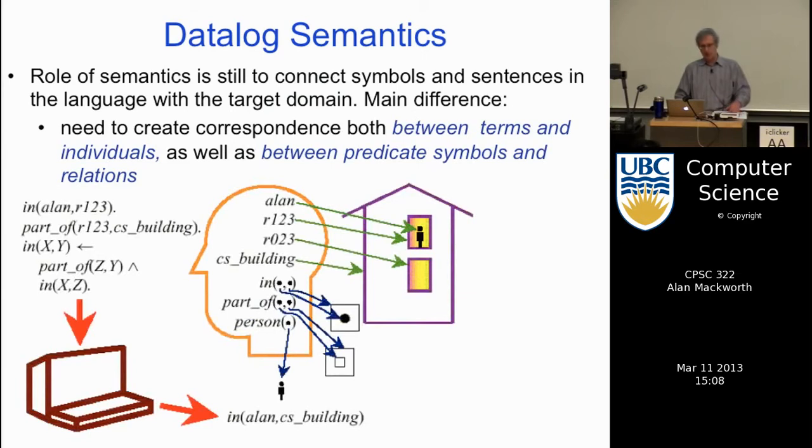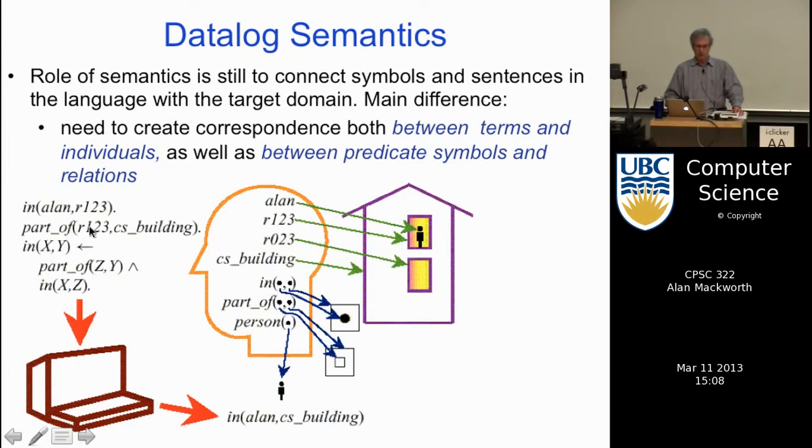The semantics connects things in the computer to things in the world. That's in your head as a programmer, user of these systems. This is you, it's a funny shaped you here. And these symbols correspond to things in the world. That's the intended interpretation, right?